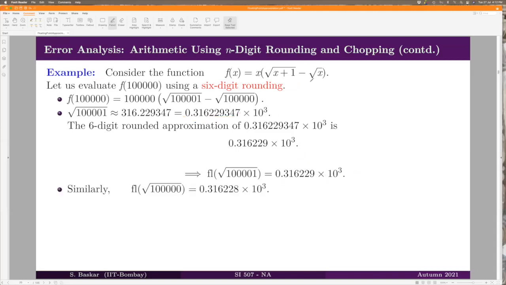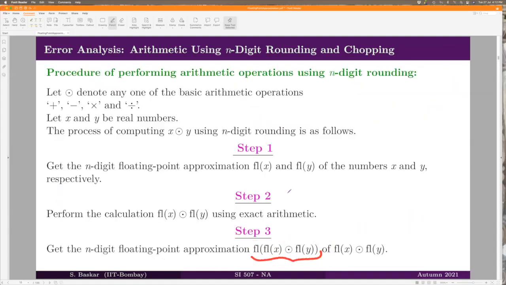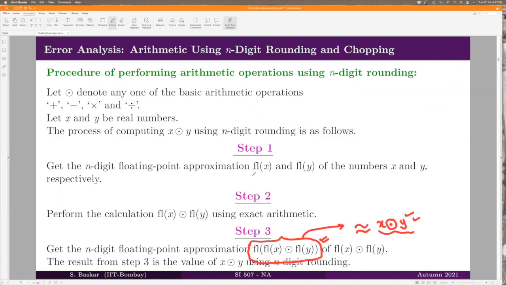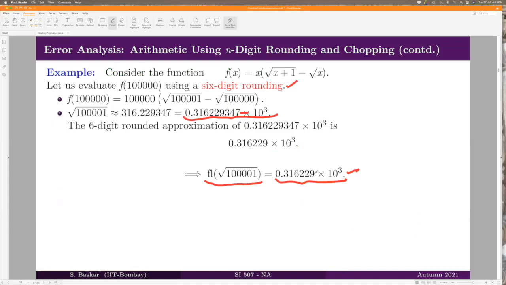Similarly, the next term, root x, remember x is 1 lakh, therefore root x and its floating point approximation. Again, you take root 1 lakh, write it in the floating point representation and do a 6-digit rounding, and you will get this. So as I told you, we have done the first step. You take the numbers, that is root 1 lakh 1 in this case and root 1 lakh in this case.